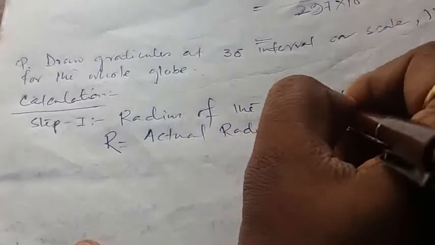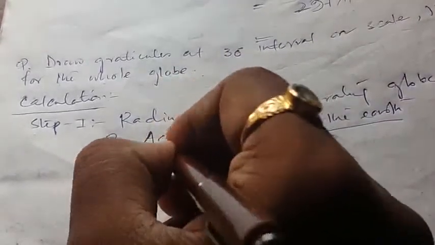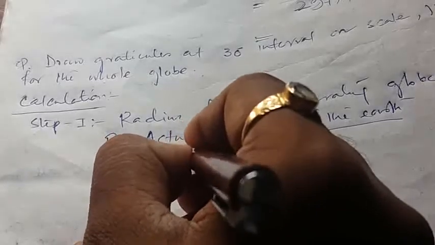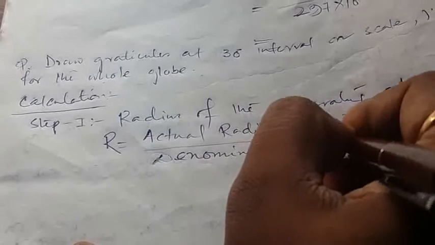And the formula is: R, capital R, equal to the actual radius of the earth divided by the denominator of RF.